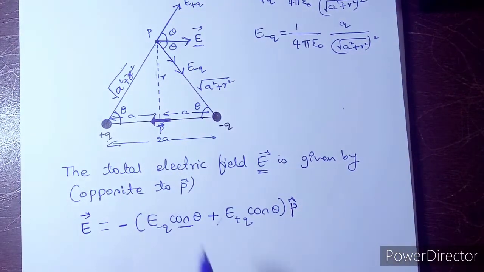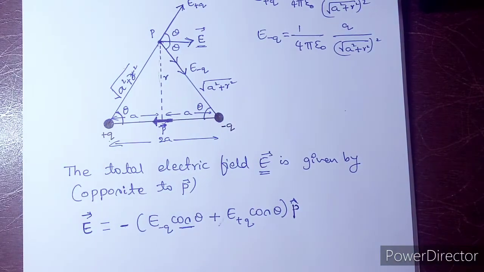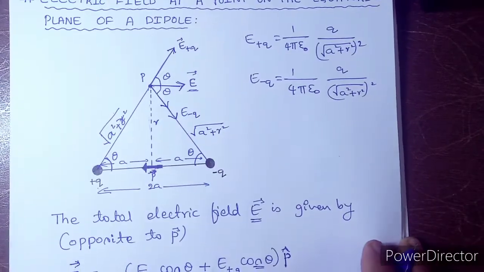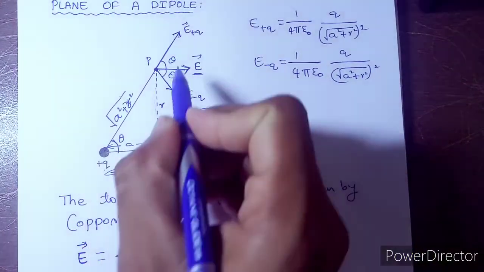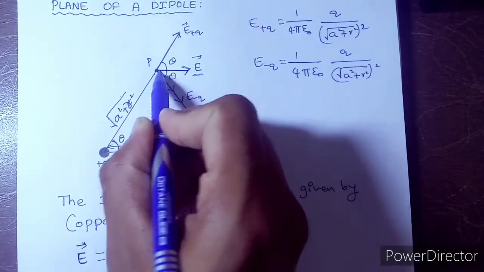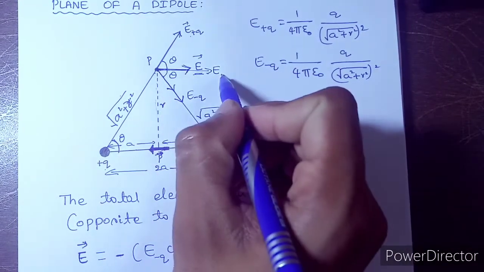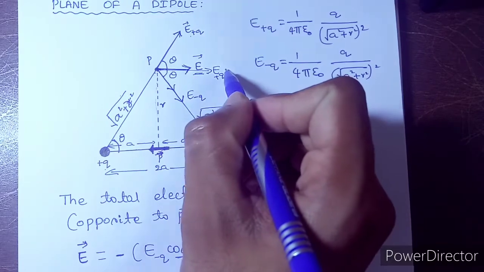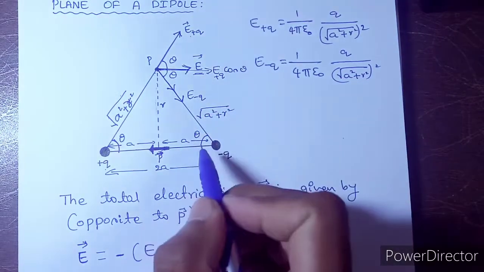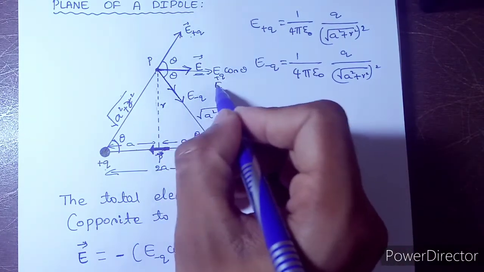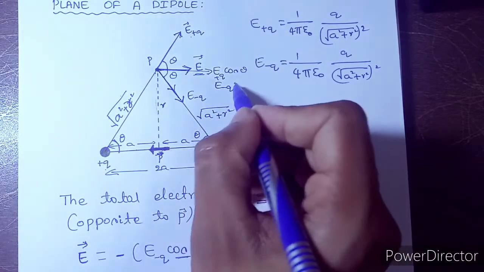And cos theta is because the component of the electric field due to the positive charge along this axis is given by E plus Q cos theta, and the electric field due to this minus charge is E minus Q cos theta.